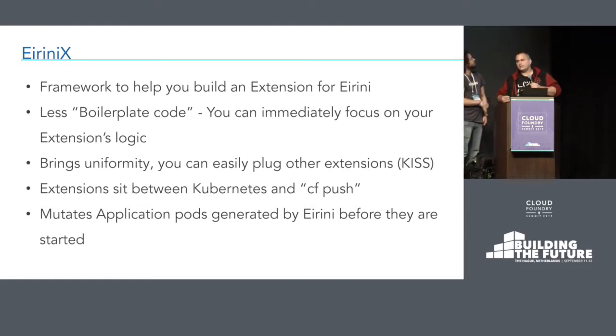It handles services for you, and just tries to make it as easy as possible for you to go in and write an extension. This is a piece that sits between CF push and the end state of the application on Kubernetes. So it's a great place to tinker with stuff, to try and add new features and make things better.